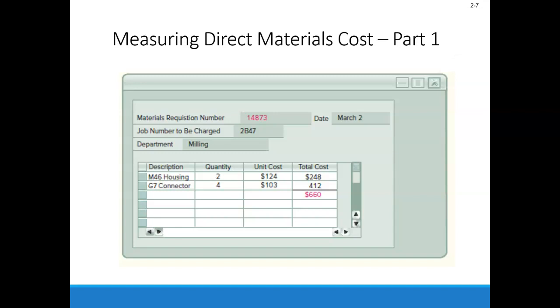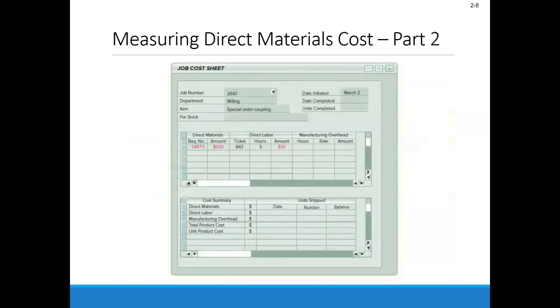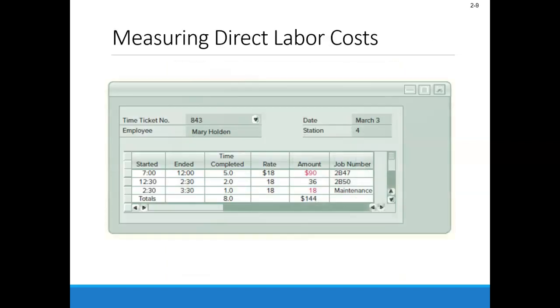Those get assigned specifically to that job when they're being requisitioned. There it looks like milling, March 2nd, special order coupling. Yeah, it's just showing that they get added to that specific cost sheet.